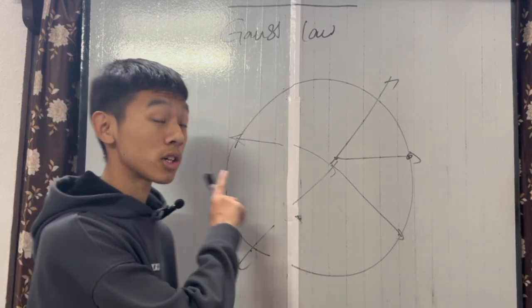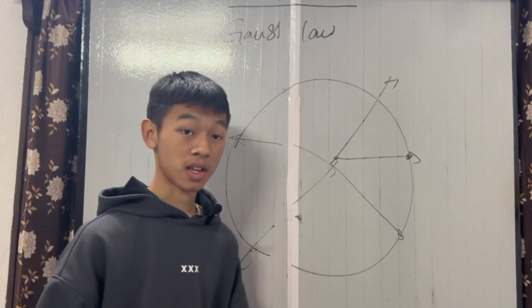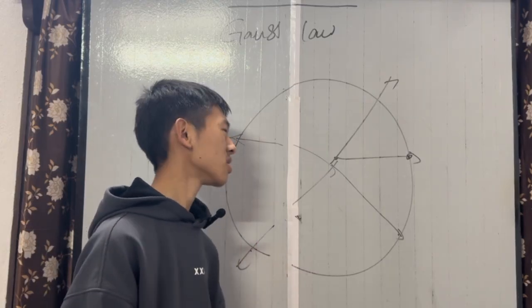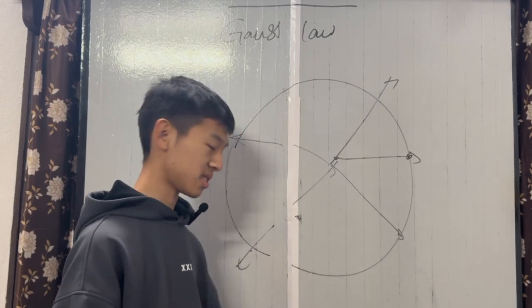We only apply Gauss law on an enclosed surface, not an open one. Gauss law can work on any object. We use it on a sphere because it's the easiest.